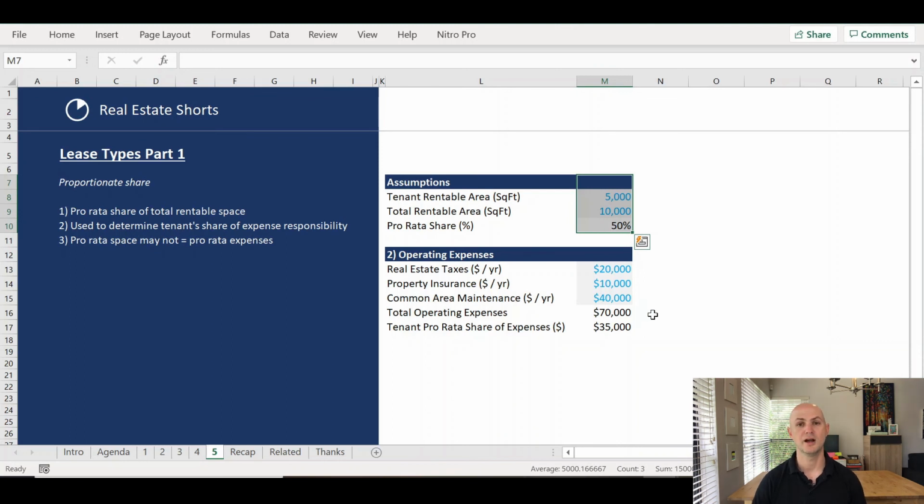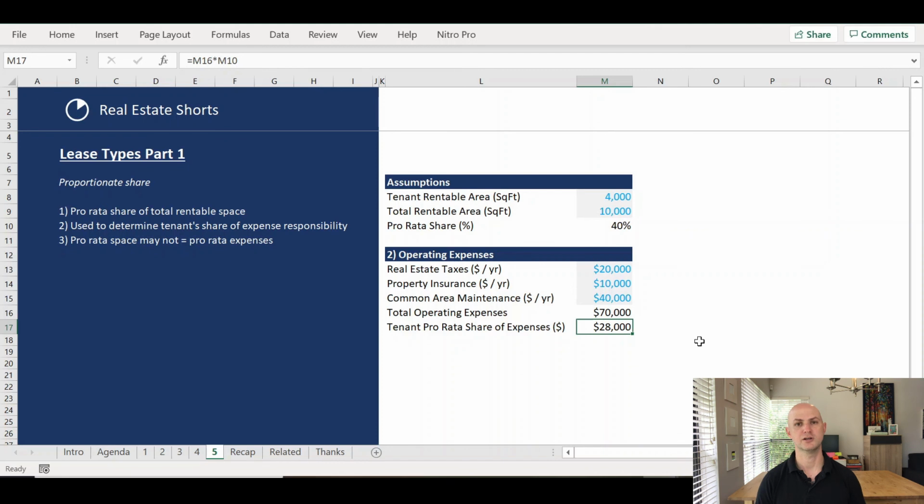And so if all the operating expenses are $70,000 a year and it is a triple net lease, the tenant would be responsible for paying half, their fair share, their proportionate share, their 50% of that $70,000. And as an alternative, let's say they only occupy 4,000 square feet, 40% of the proportionate share, then that means they would have to pay 40% of that total expense obligation. 40% times $70,000 gives us $28,000.